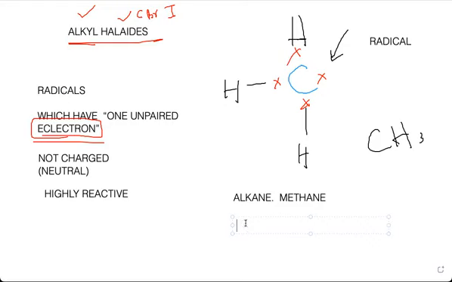This is not alkane. This is alkyl now. Free radicals are called alkyls: methyl, butyl, pentyl, hexyl. If you have hexane, you can remove 1 hydrogen. It will not make your hexane a charged particle. But hexane will become hexyl. Now that is not alkane, that is alkyl. It is more reactive because it is a radical now.